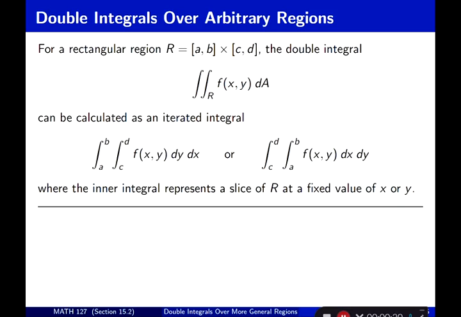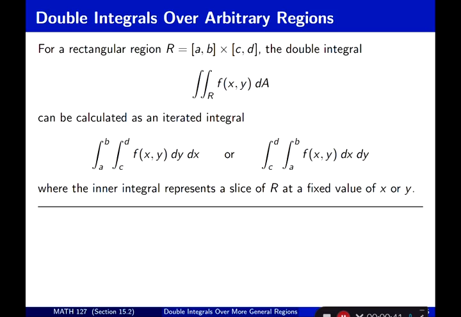For a rectangular region R, interval [a, b] times interval [c, d], the double integral over region R of function f of x and y can be calculated as an iterated integral.